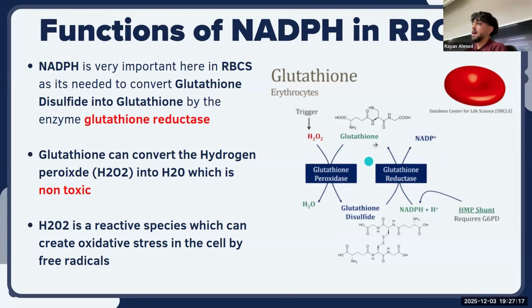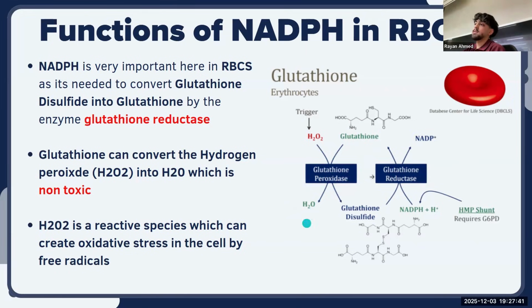Okay, and glutathione can convert hydrogen peroxide right here into H2O through the enzyme glutathione peroxidase, which is non-toxic. Okay, this H2O2, hydrogen peroxide, is toxic. H2O, which is normal water, is not toxic.